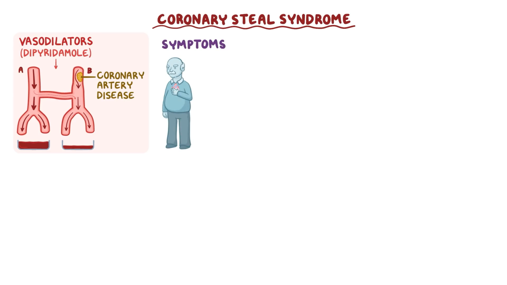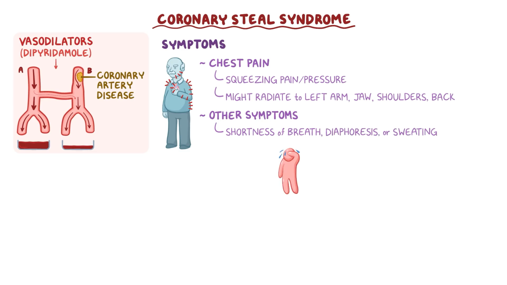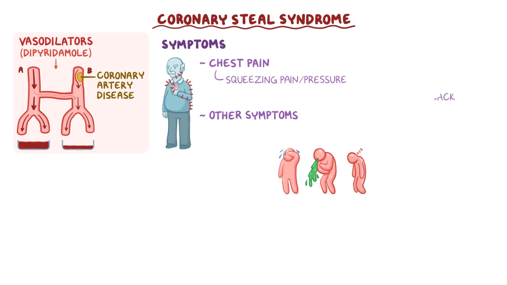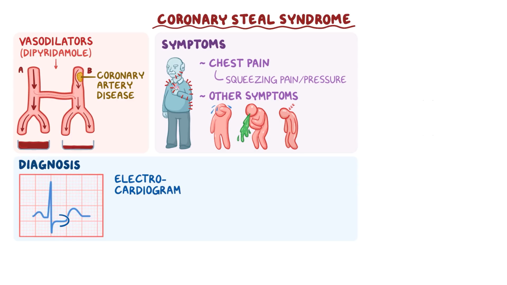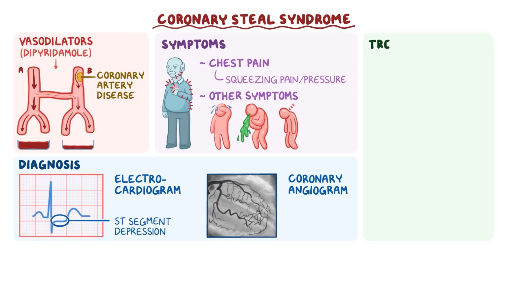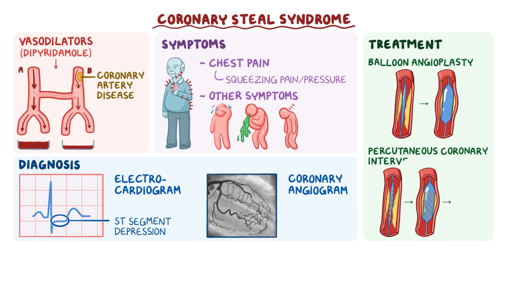Common symptoms include typical type chest pain, which is described as a squeezing pain or pressure that might radiate up to the left arm, jaw, shoulders, or back, shortness of breath, diaphoresis or sweating, nausea, and fatigue. Coronary steal syndrome is diagnosed with the help of an ECG, which shows an ST segment depression, and coronary angiography, and treated using a balloon angioplasty or percutaneous coronary intervention.